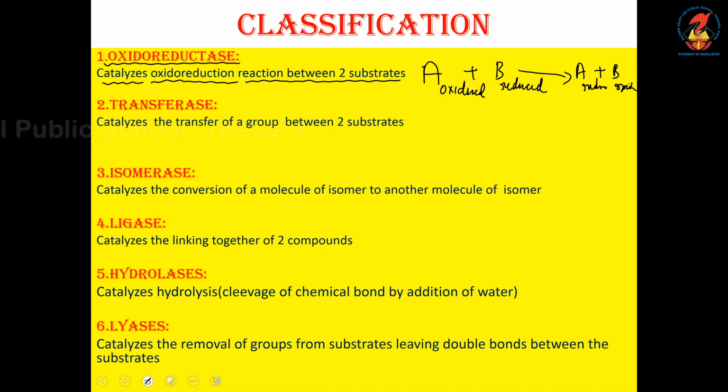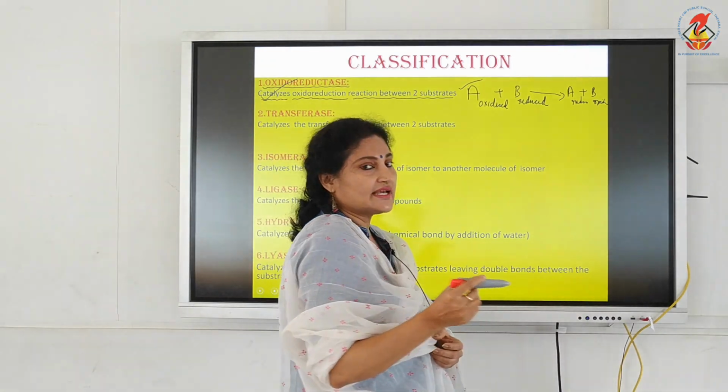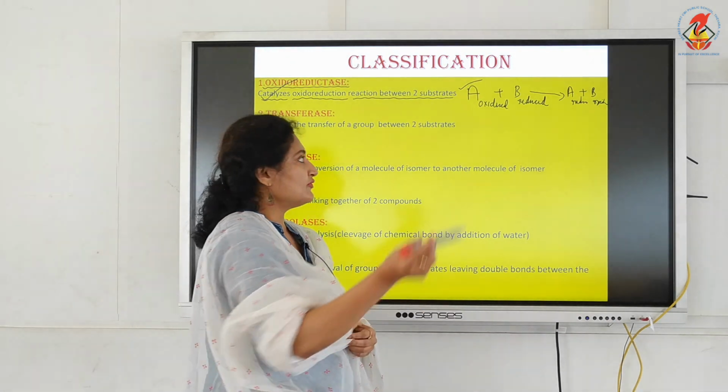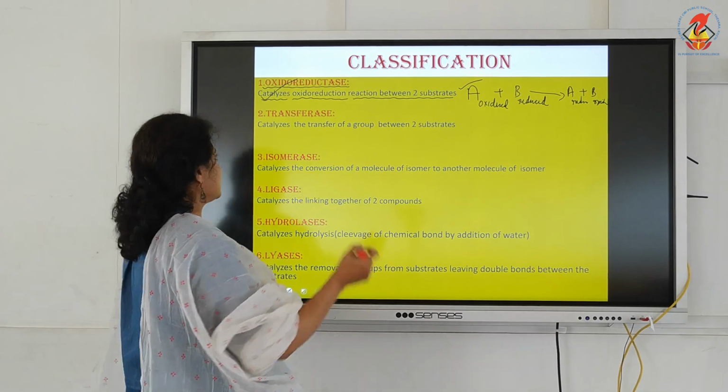We are learning this in chemistry. So, all you need to remember is the reaction and the symbolic representation. So, oxidoreductase catalyzes an oxidoreduction reaction between two substrates, and it is symbolically represented by A oxidized plus B reduced producing two products, where A becomes reduced, A reduced plus B oxidized.